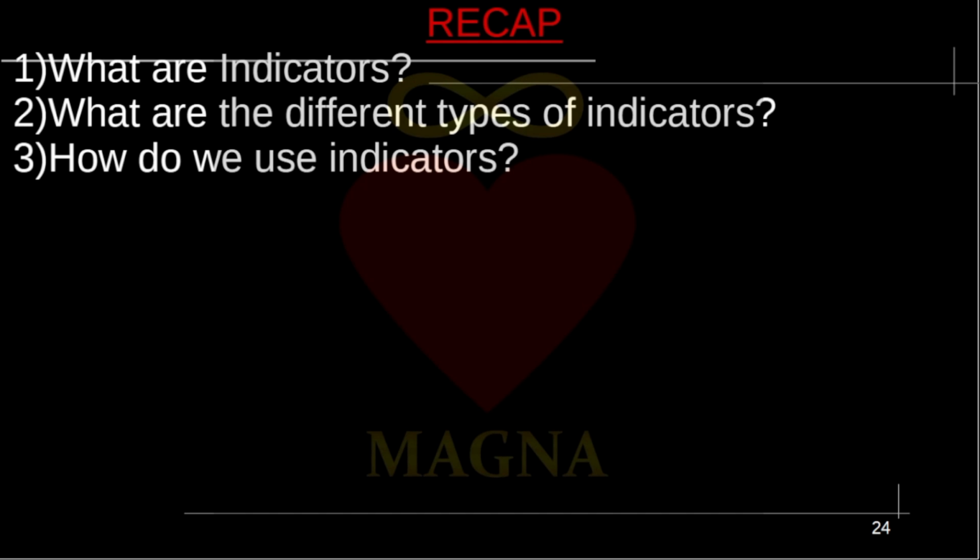What are the different types of indicators? We have the leading indicator, which are also known as oscillators. These indicators give us a signal of a trend continuation or a reversal before it actually occurs. We also have the lagging indicator, which is an indicator which gives us a signal after the trend has already been established.